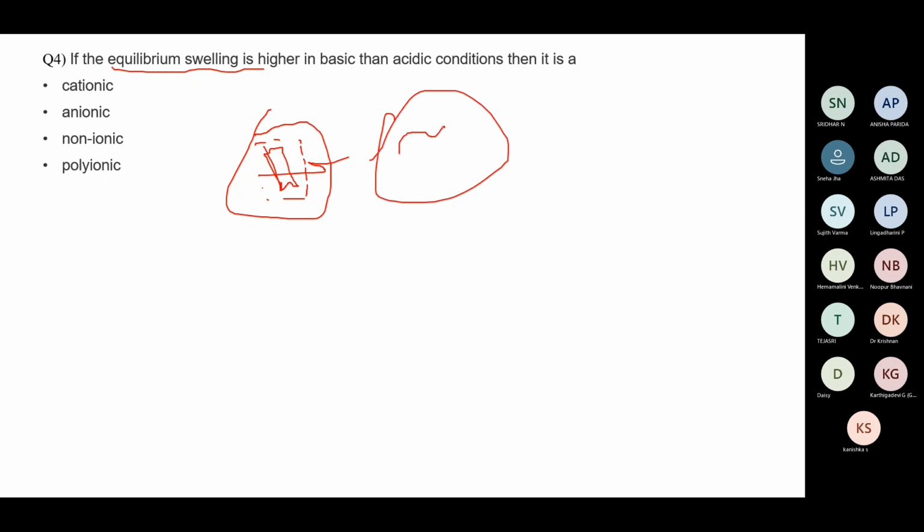It tries to increase the size of the polymer, because the solvent molecules try to attach to the monomers of the polymer through various bonding, such as hydrogen bonding or even covalent bonding. So this process is known as swelling.